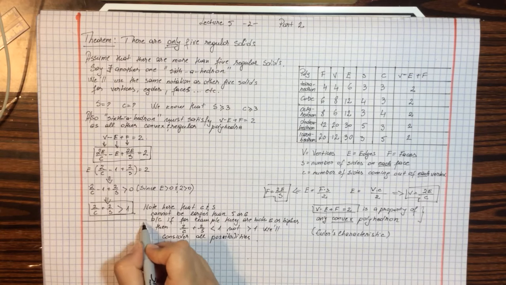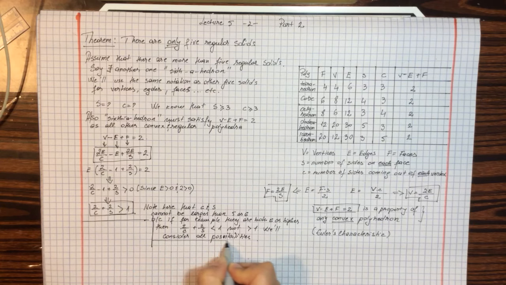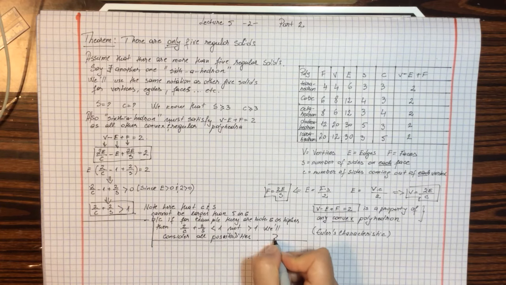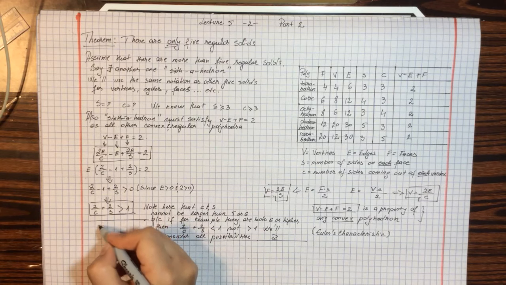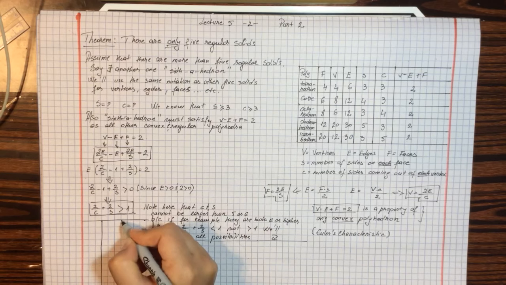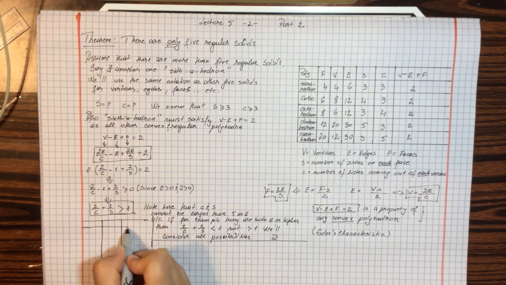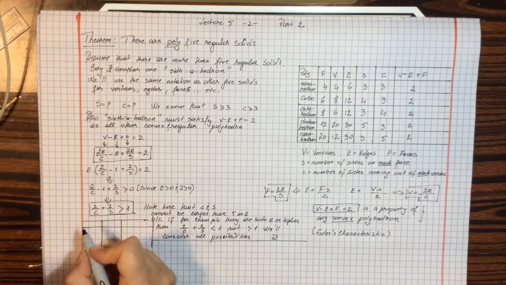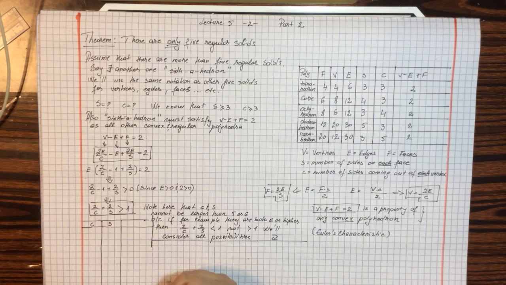In this table, this is C and this is S. What are all possible scenarios?